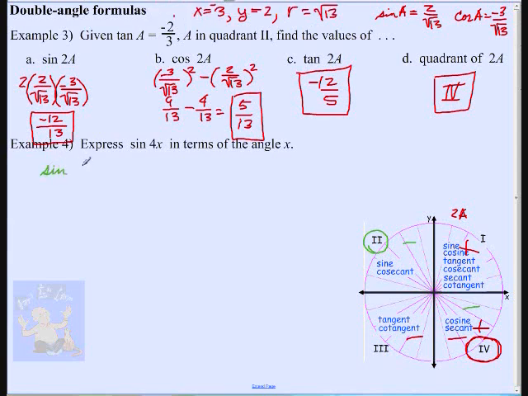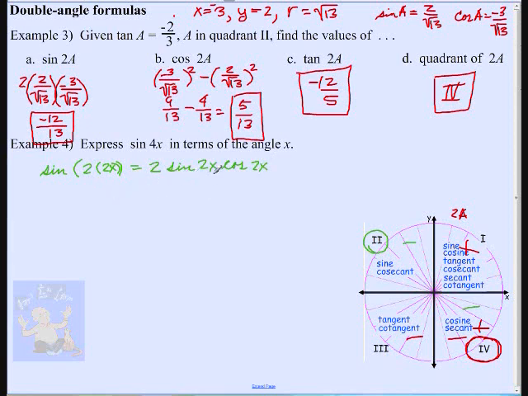Sine of 2 times 2x is equal to 2 sine 2x cosine 2x, right?